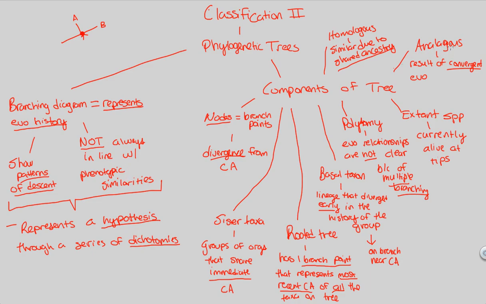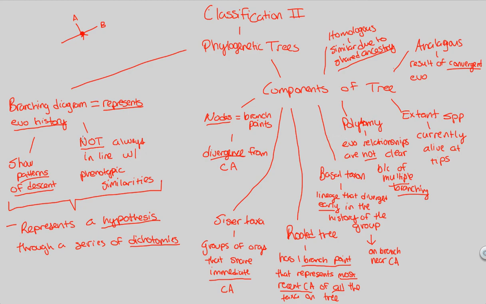A classic example is when you have an analogous trait like wings, and wings, let's say in a bird versus wings in a butterfly, do not share a common ancestor. You do not share a recent common ancestor whatsoever. You have an insect versus a bird. Those two things are very, very different, and thus they converged on this idea of flight, but not on this idea of shared ancestry. So this is a result of convergent evolution, not the common ancestor that we see in homologous traits. So that covers classification 2.